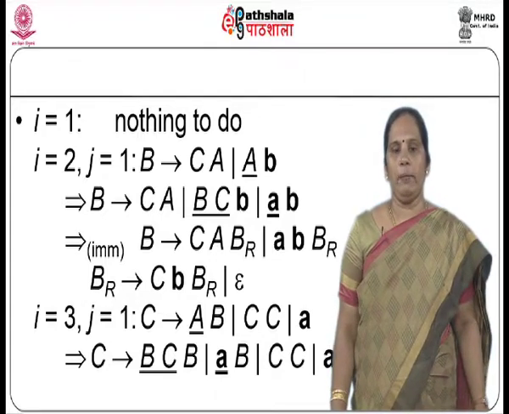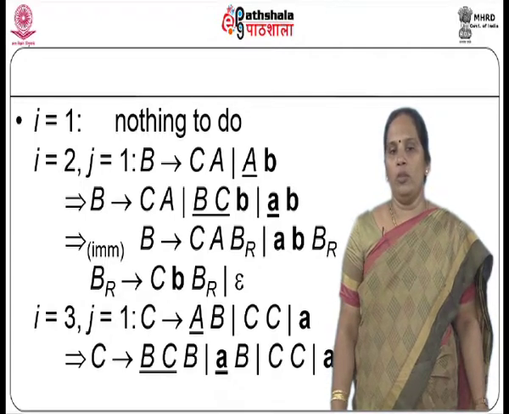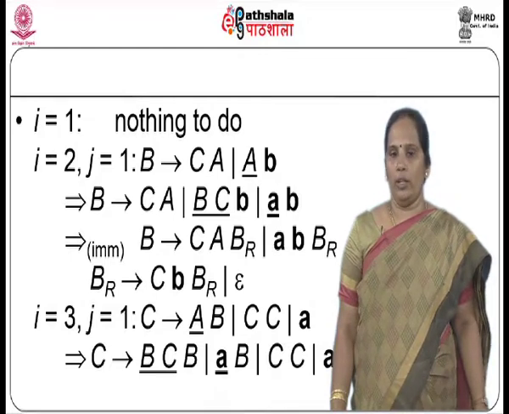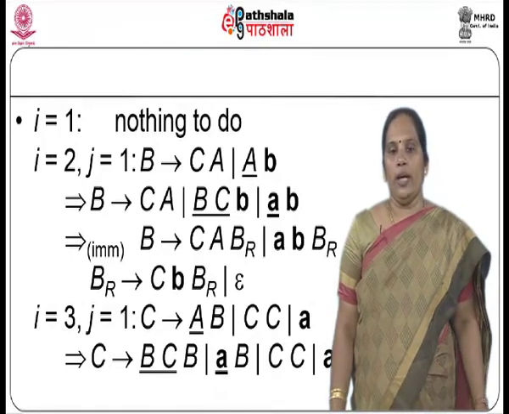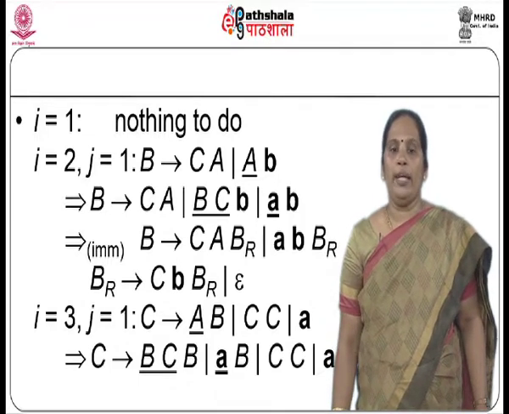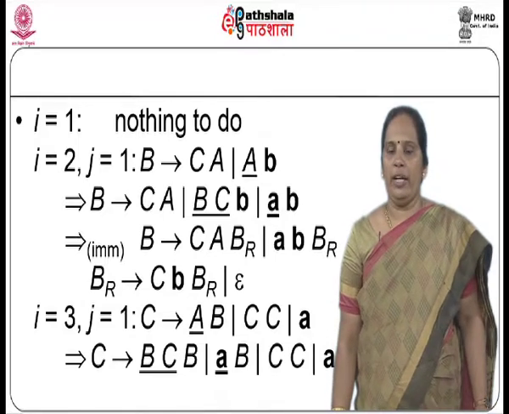This A is replaced with BC as well as with this A. So, I am getting 3 productions for B as against 2 productions for B. And so, that becomes CA, BCB or AB, and now I have to remove the immediate left recursion. The immediate left recursion is BCB.